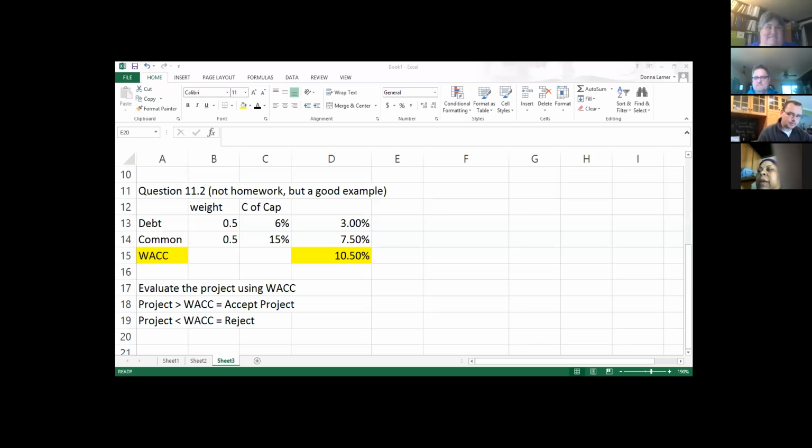Yes. But it's telling us we have to make at least 10 and a half. This is telling us we're going to make 11, so that's going to give us a profit. But if we do the second part, we're only going to get 9%, which is less than the 10.5.